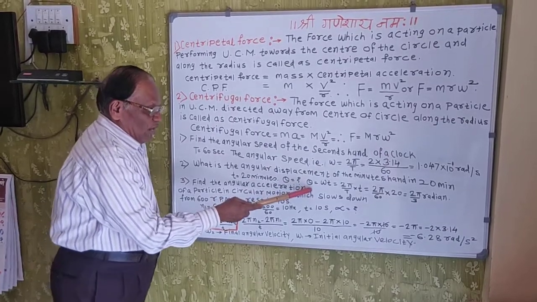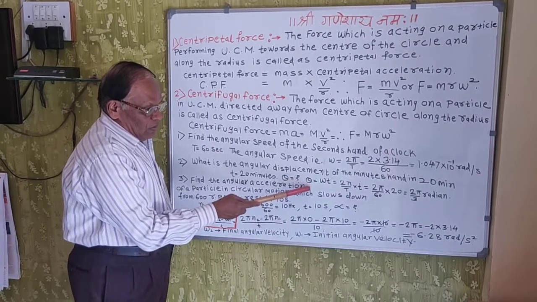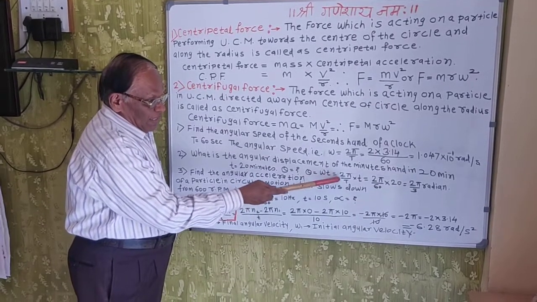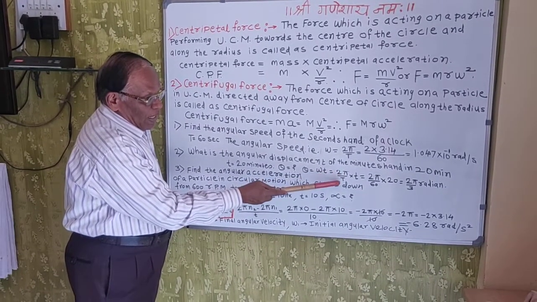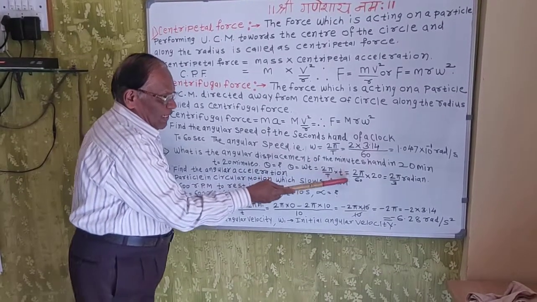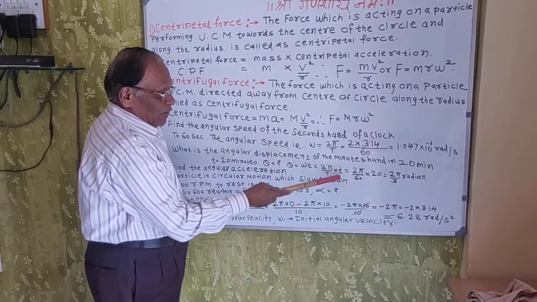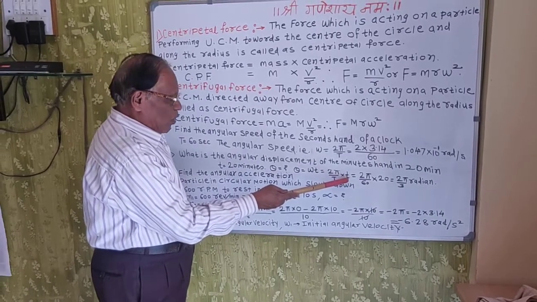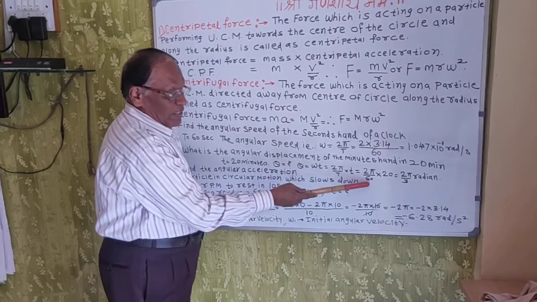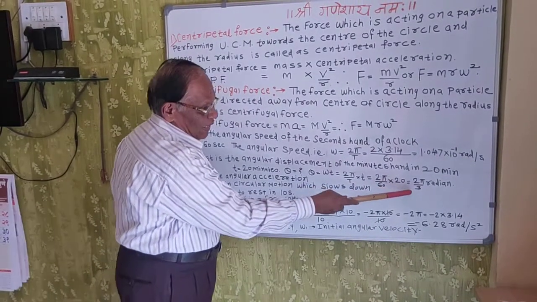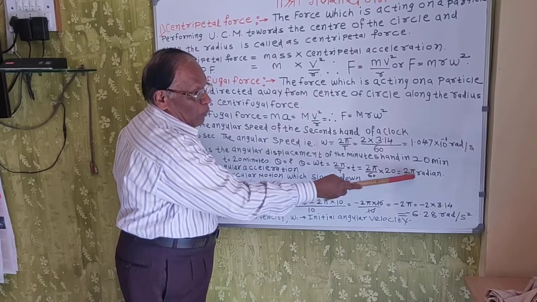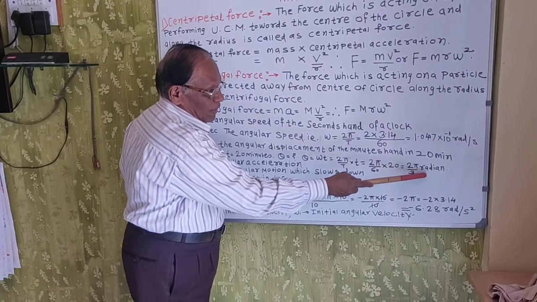The formula of angular displacement theta is equal to omega into t, that is equal to 2 pi upon capital T into small t. Put the value of small t as 20. Therefore 2 pi divided by 60 into 20, that is, after simplification, we get 2 pi upon 3 radian.